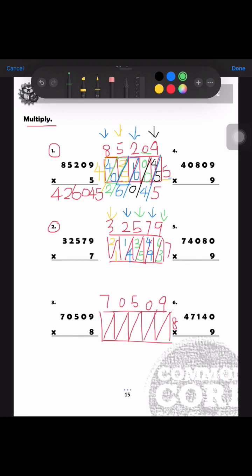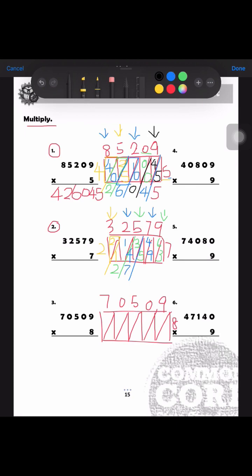And then we add the numbers down the diagonal strip. So this area is 2. And the next one is 1 plus 1 equals 2. And then next, 3 plus 4 equals 7.